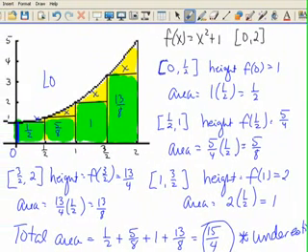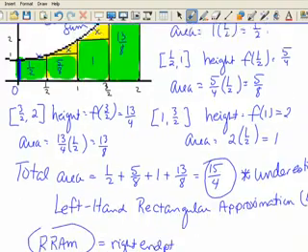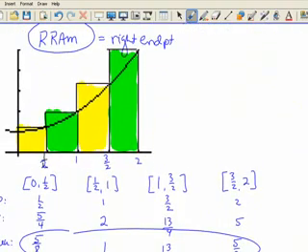That's what we're going to refer to as a lower sum. When we used the right endpoint, we got an overestimate. So we're going to call that an upper sum.